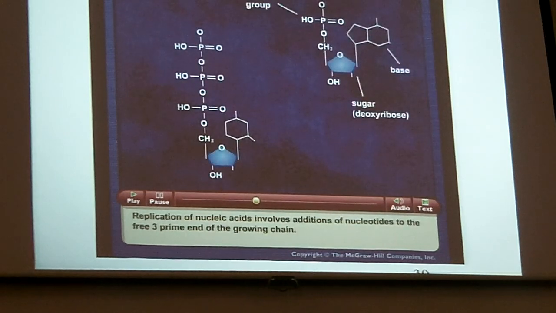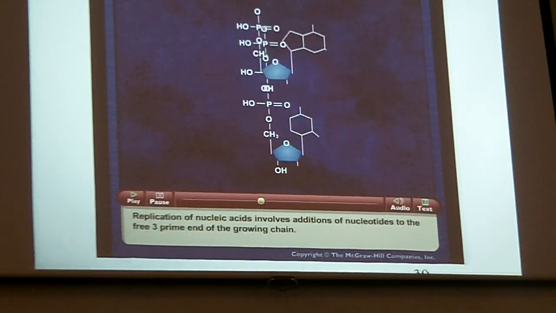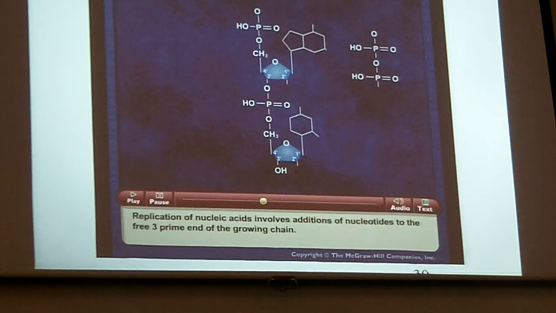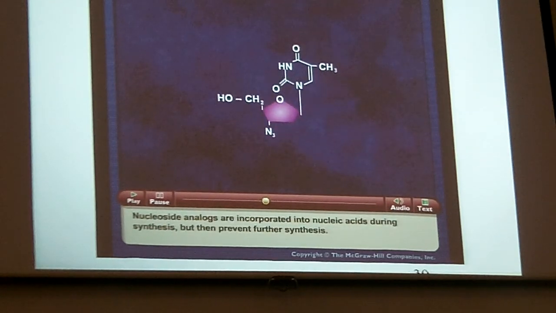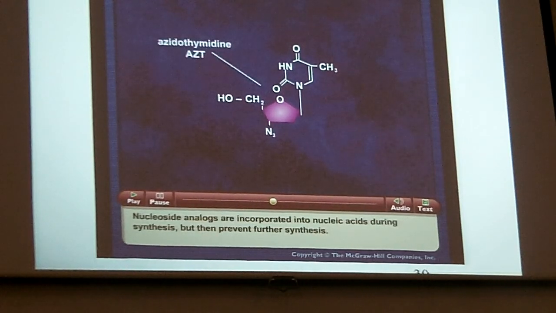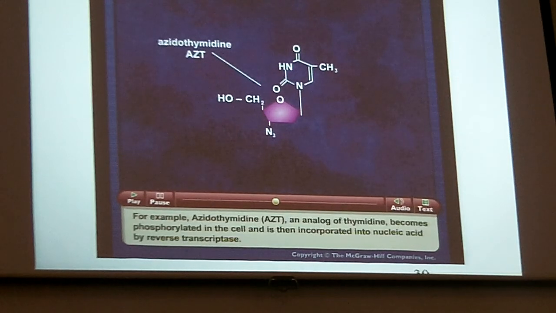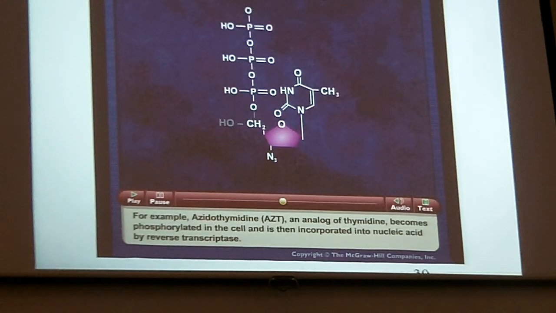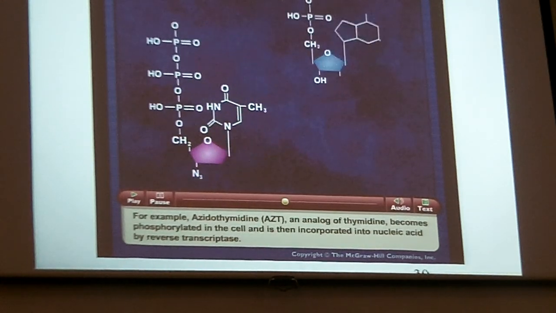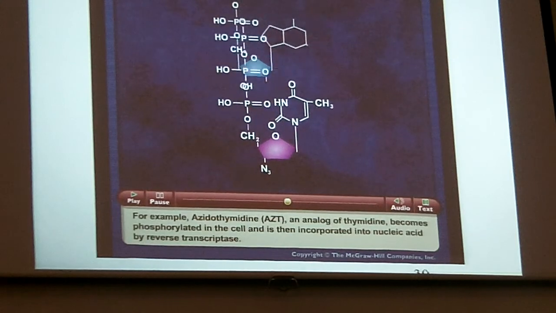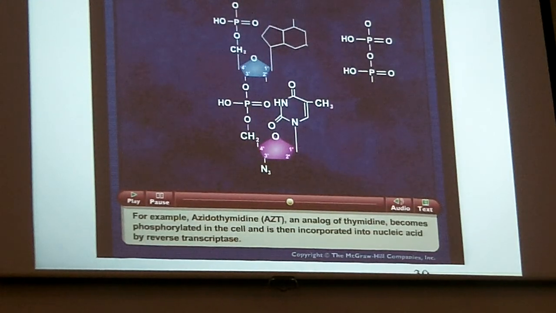Replication of nucleic acids involves additions of nucleotides to the free 3' end of the growing chain. Nucleoside analogs are incorporated into nucleic acids during synthesis, but then prevent further synthesis. For example, azidothymidine, AZT, an analog of thymidine, becomes phosphorylated in the cell and is then incorporated into nucleic acid by reverse transcriptase.